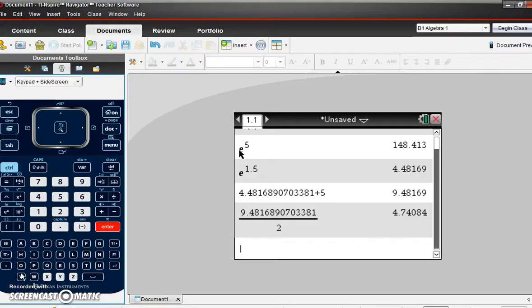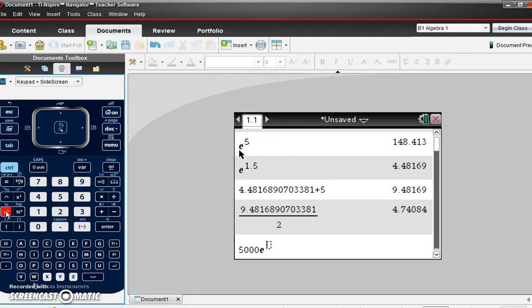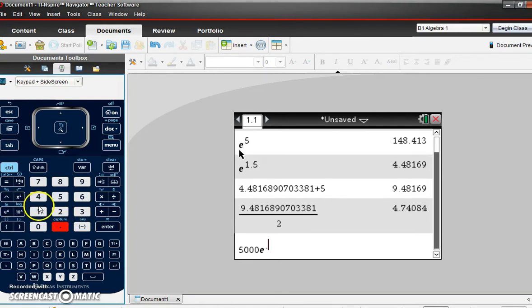All right, so you need to calculate that. So we have 5,000. And then we can just put our e in, but we need to make sure not the e down on bottom. You've got to use this e right here on the left. So push that, and it gives me the box up there for the exponent. And in it, I'm going to put the 0.15, and then I'm going to choose to use just the times right here on the right.